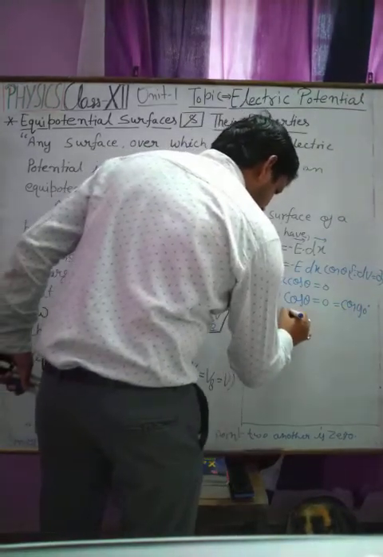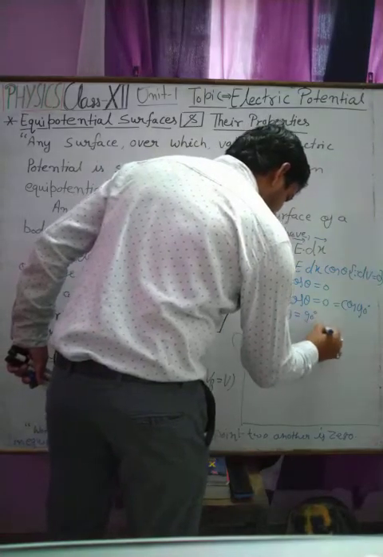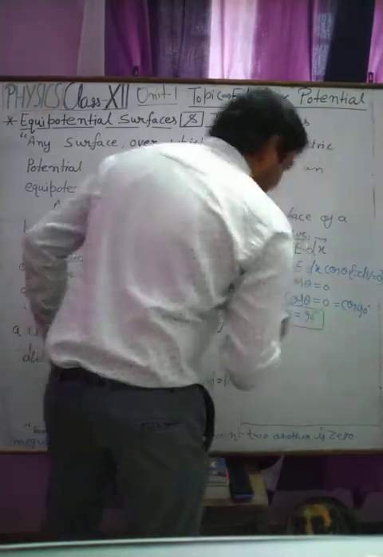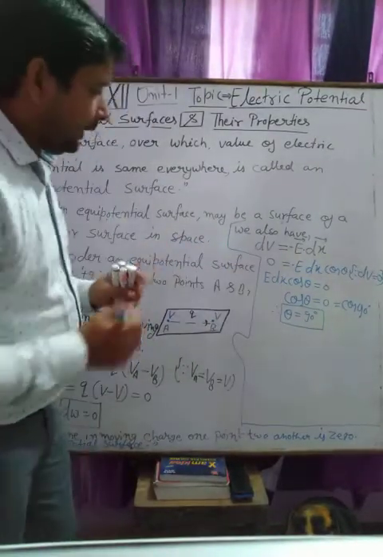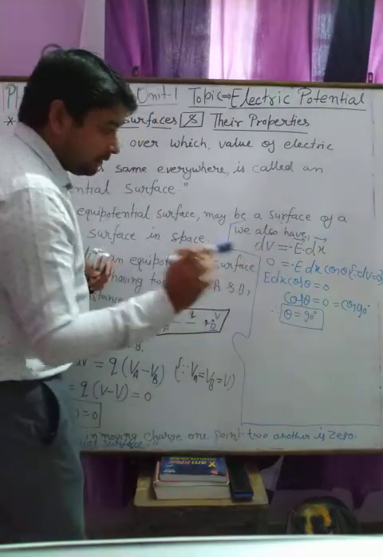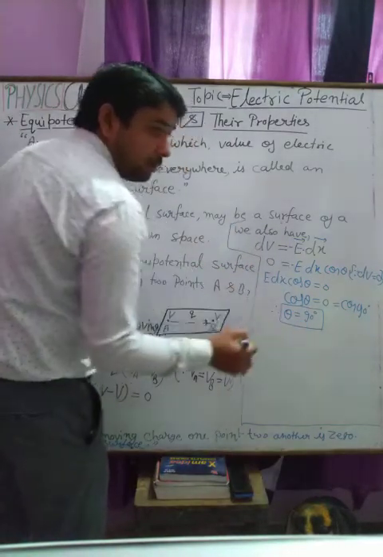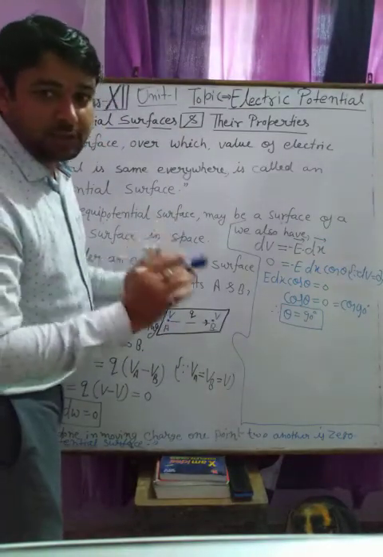Therefore, theta is equal to 90 degrees. Here, this expression gives us that the electric field is perpendicular, or at 90 degrees, to the equipotential surfaces.